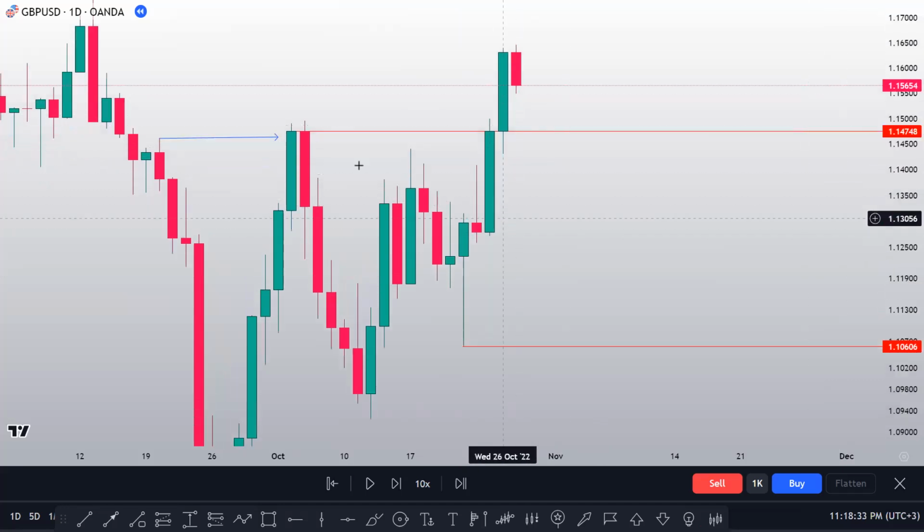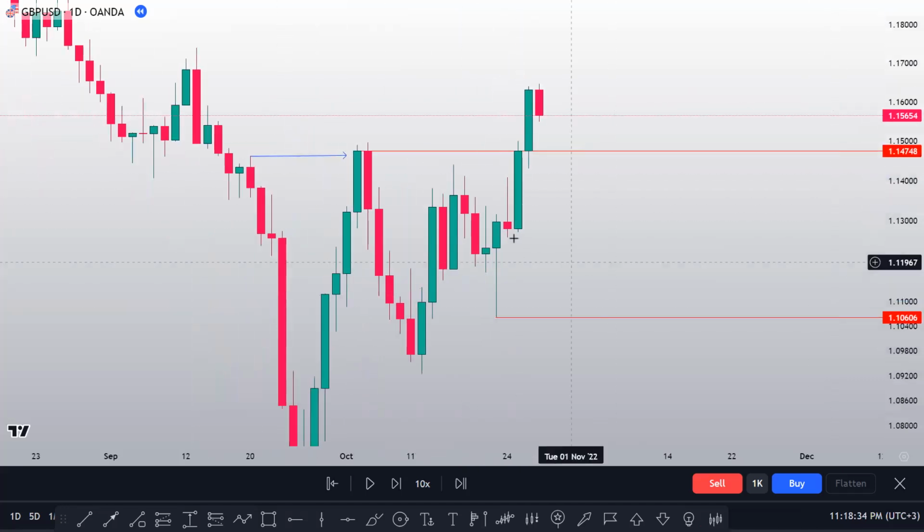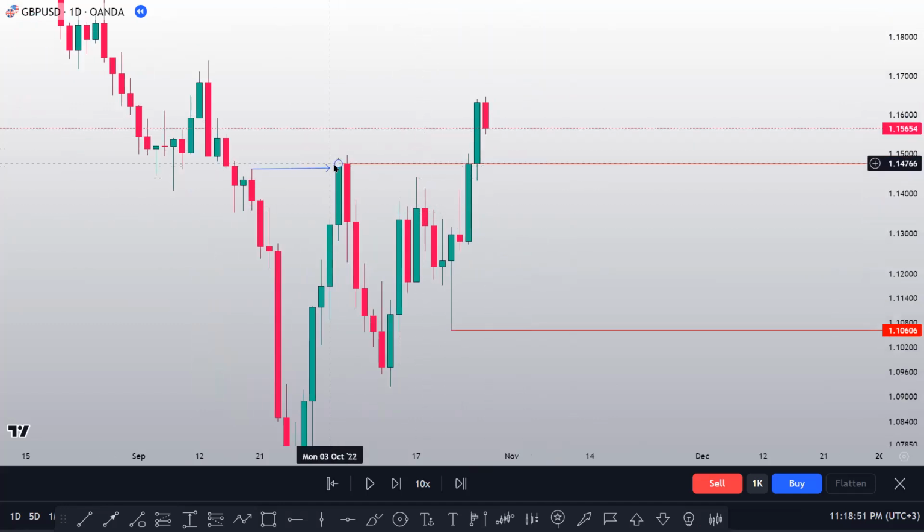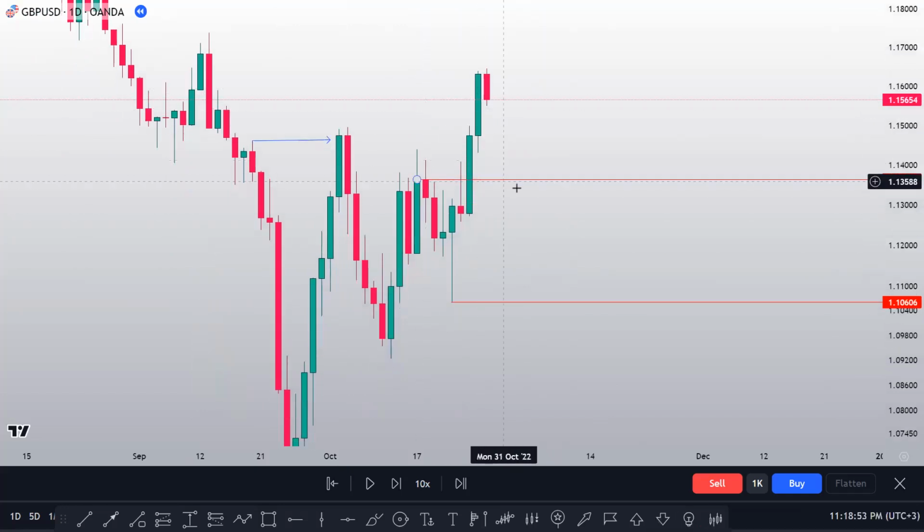Also, we have this zone right here, but we took a loss on this zone. I remember it was almost 12 pips from here. We try to refine this now. After the market came and closed above this area, this now is my daily area of liquidity.